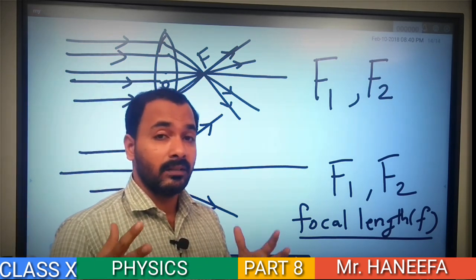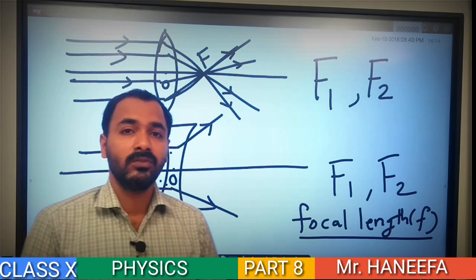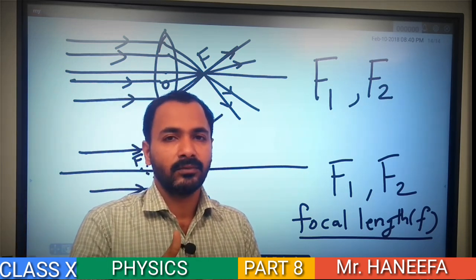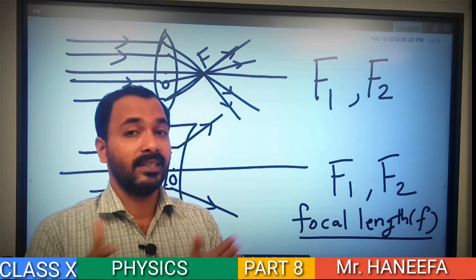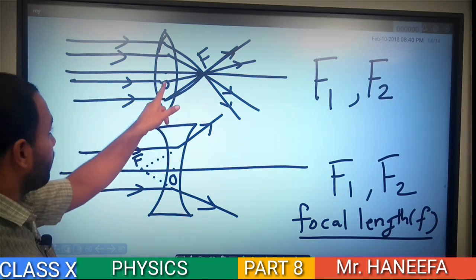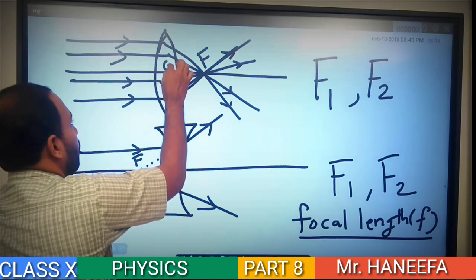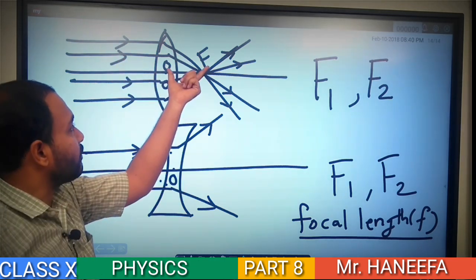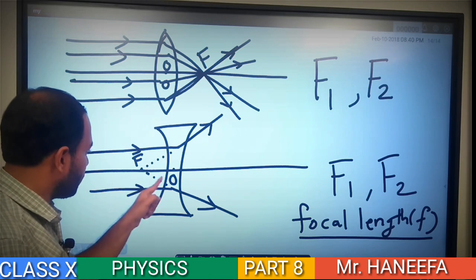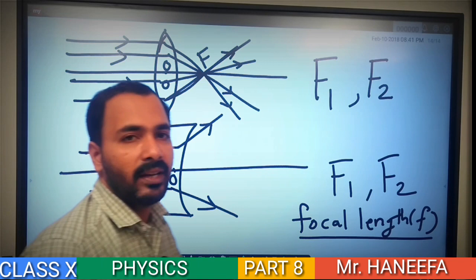What is the focal length in the case of mirror? It is the distance between focus and pole. But here in this case, here is not pole. This point is called optical center. The distance between optical center and focus is called focal length.